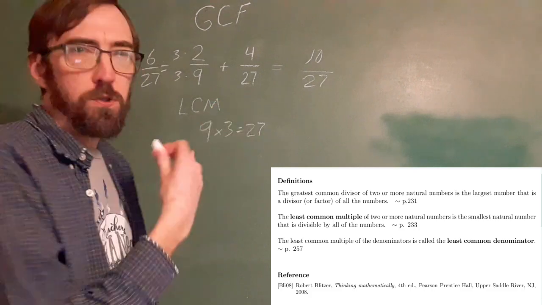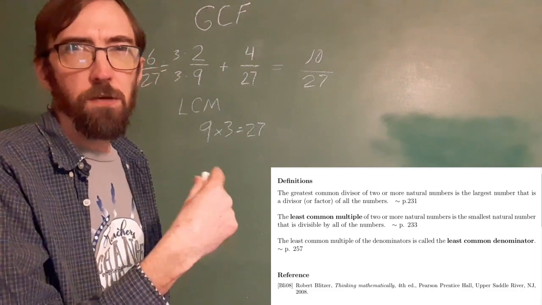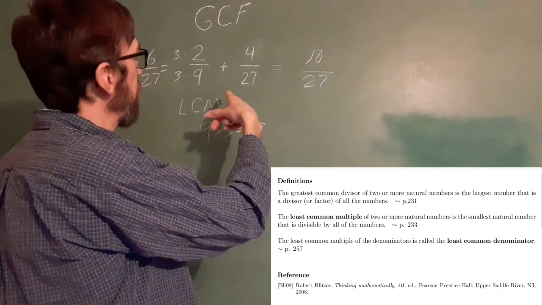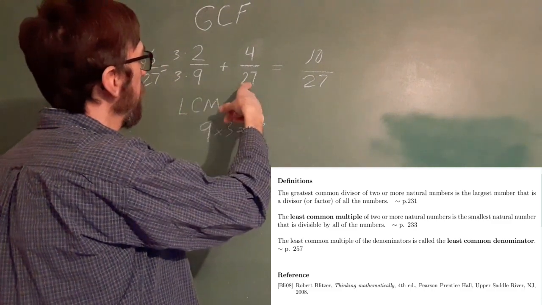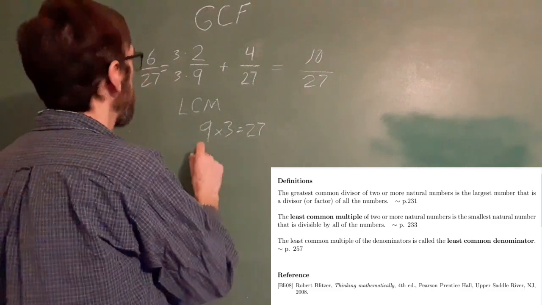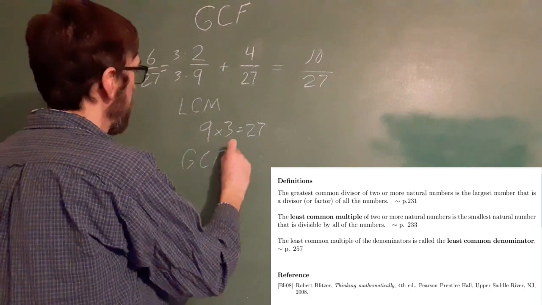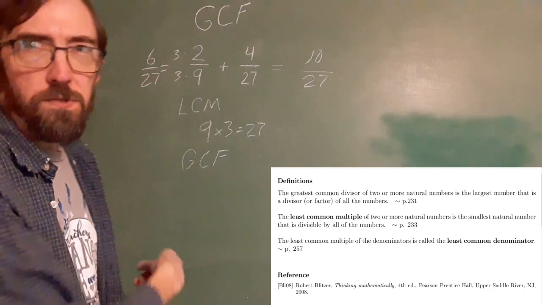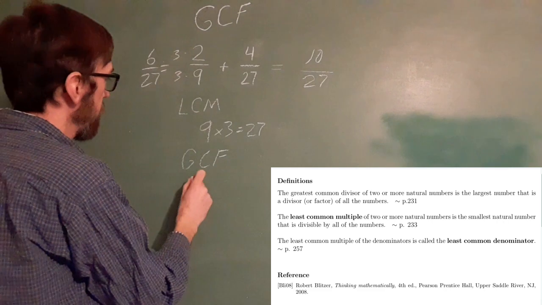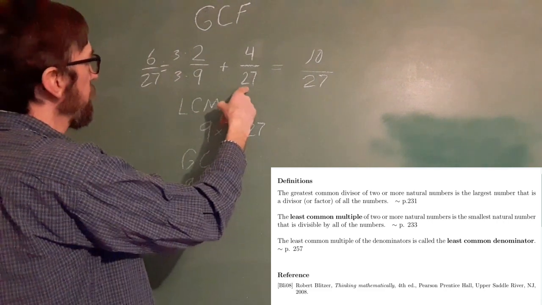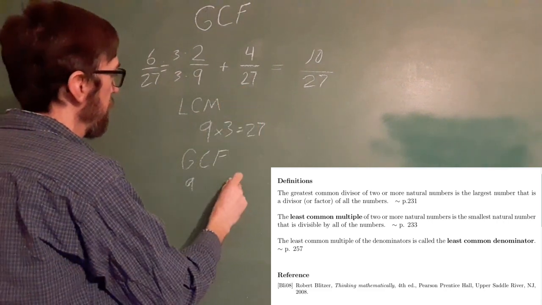Another approach to look at this is to say, what is the greatest common factor between 9 and 27? 9 goes into 9 one time. 9 goes into 27 3 times.